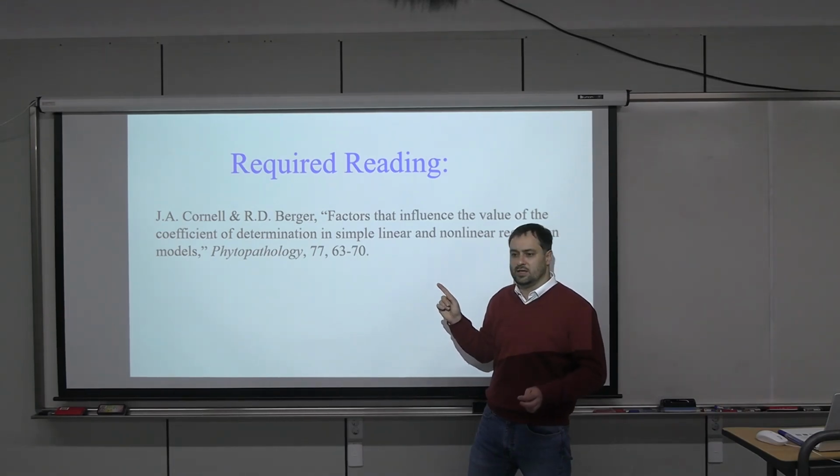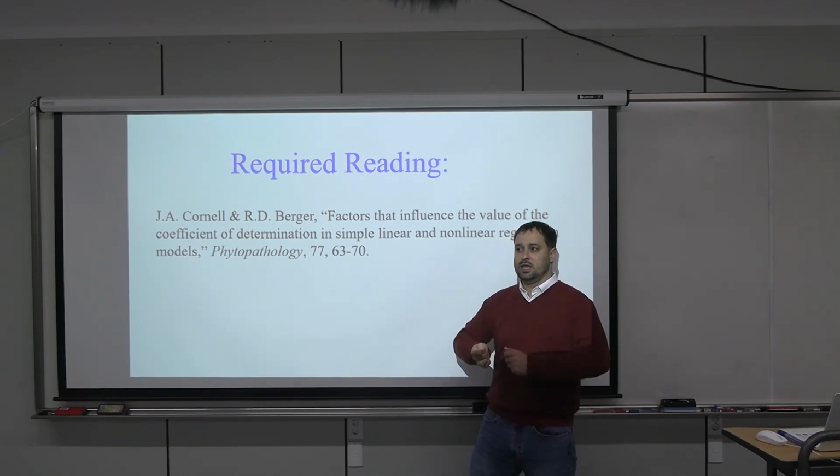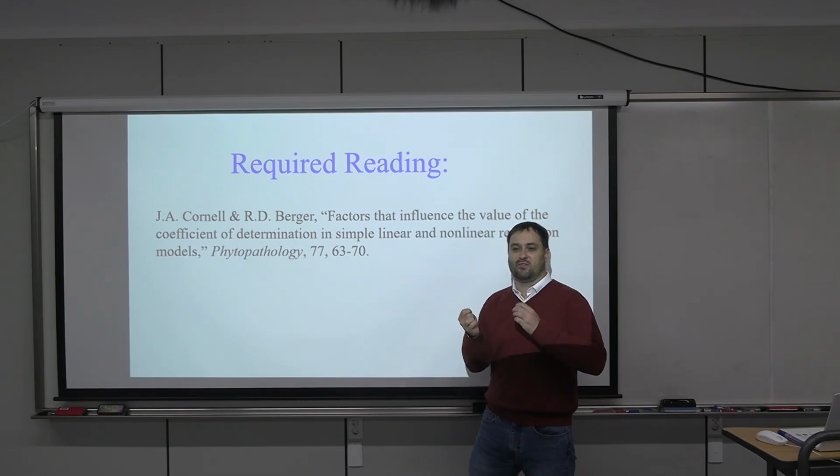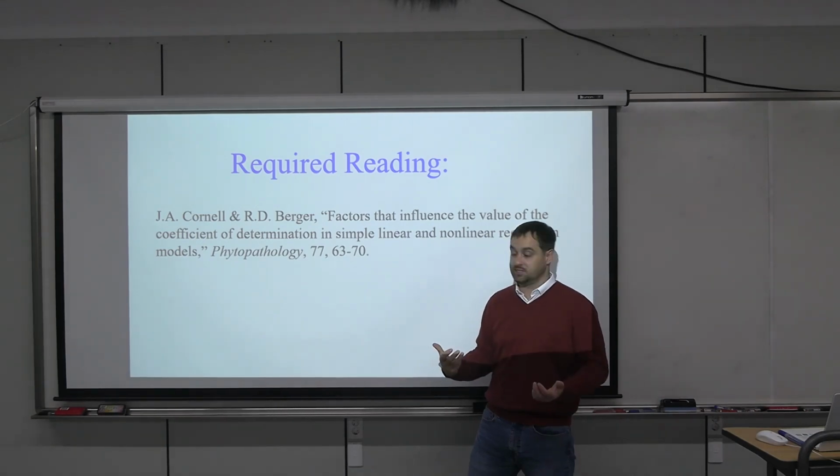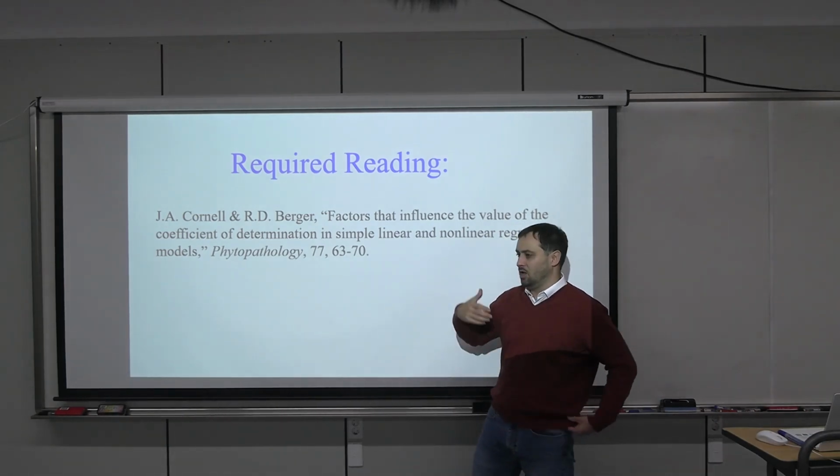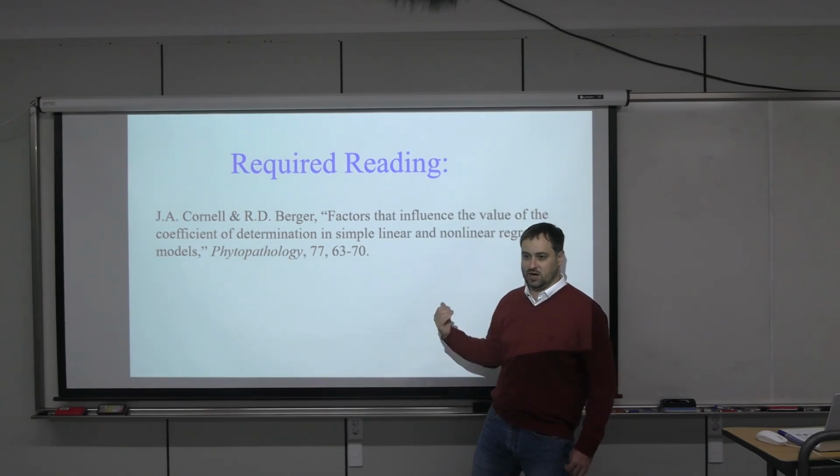And I mentioned in the introductory level that a lot of the regression methods and statistical methods were developed in the 1800s and early 1900s from the agricultural sciences. A lot of the early work in statistics and regression was done in agricultural research.